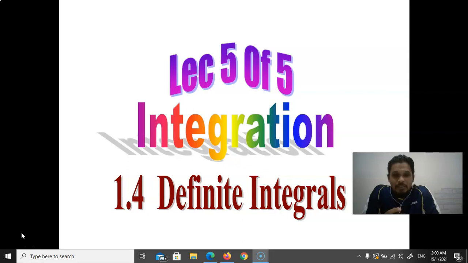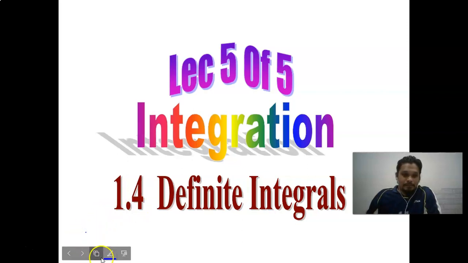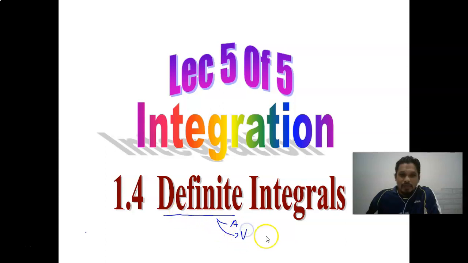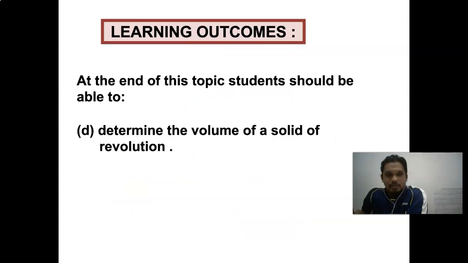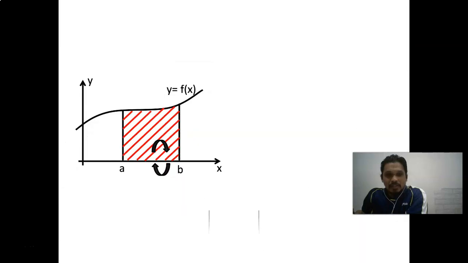Definite integrals also help us find the area between the curve and the x-axis, and right now we are going to look at how definite integrals find the volume when you rotate the area 360 degrees about the x-axis and also the y-axis. At the end of this topic, students should be able to determine the volume of a solid of revolution.